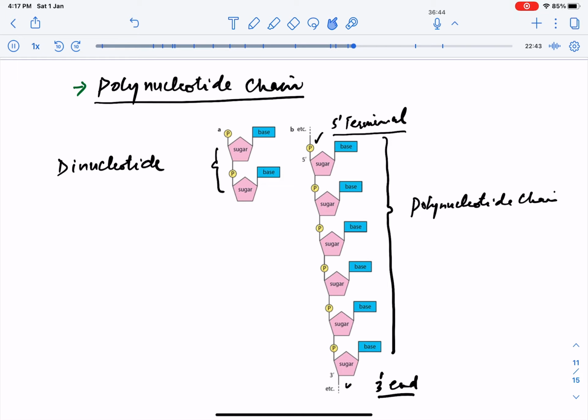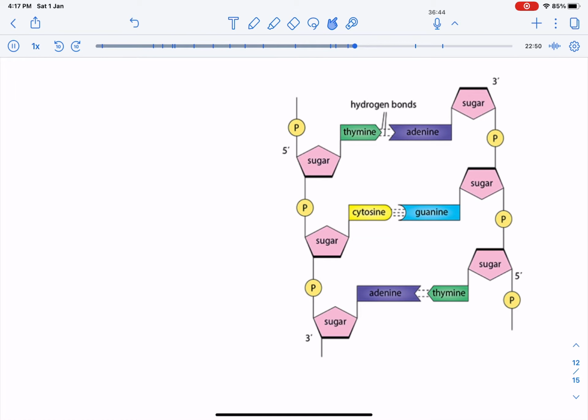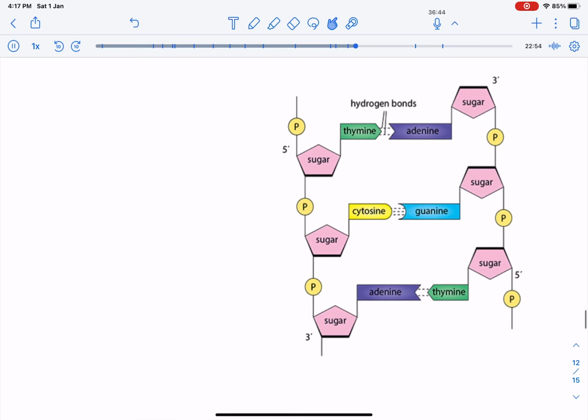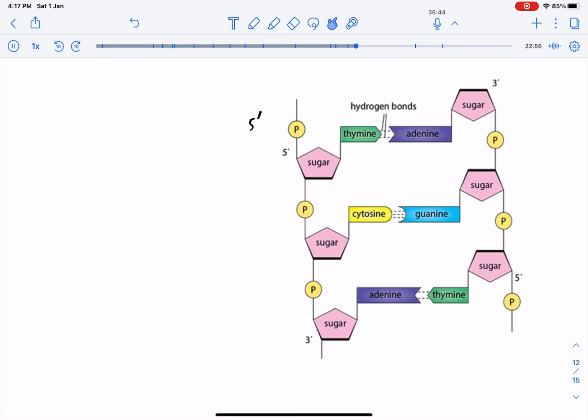One end, as it is shown here above, has carbon number 5 of this sugar upwards, and that is why it is 5 prime, and the other is 3 prime.